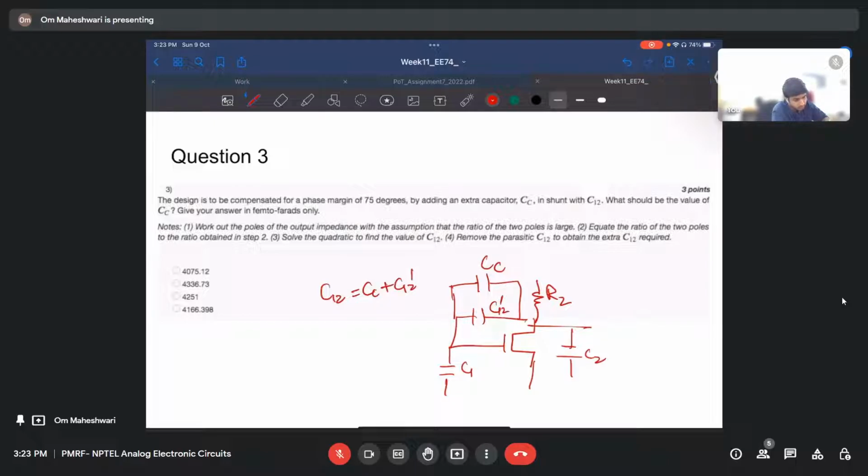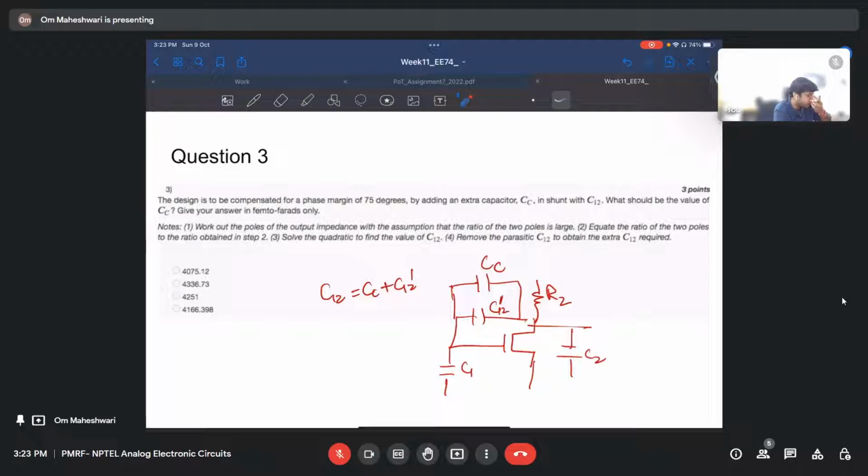C12 dash is the one that was given in the question. Now they have added extra CC to give this. So they have added this CC to get this phase margin of 75 degrees by some compensation technique.